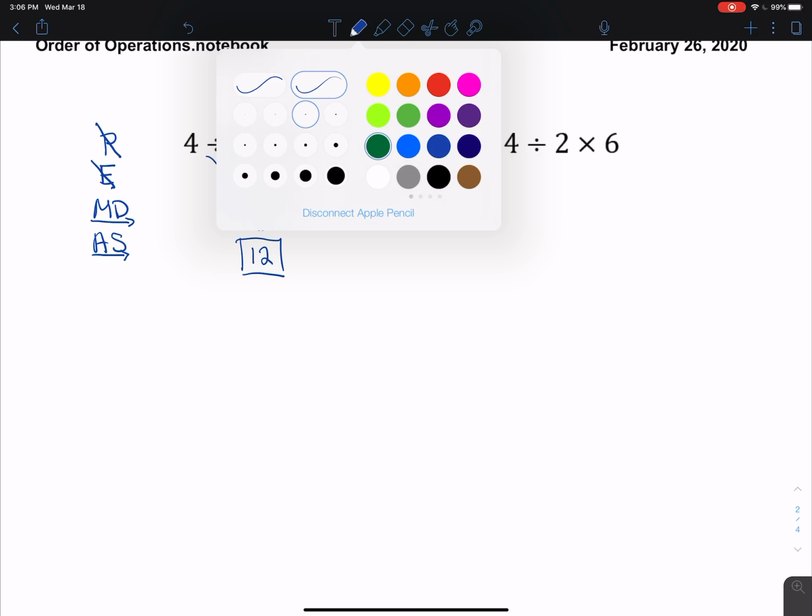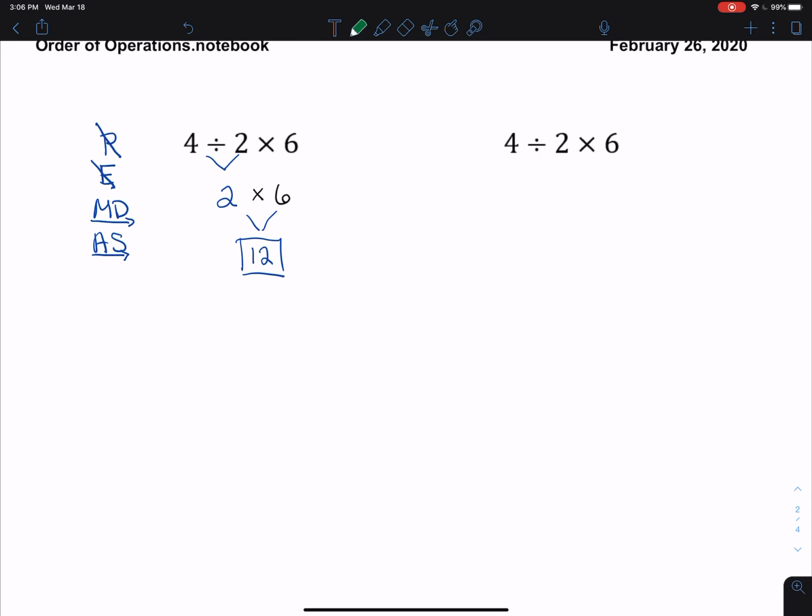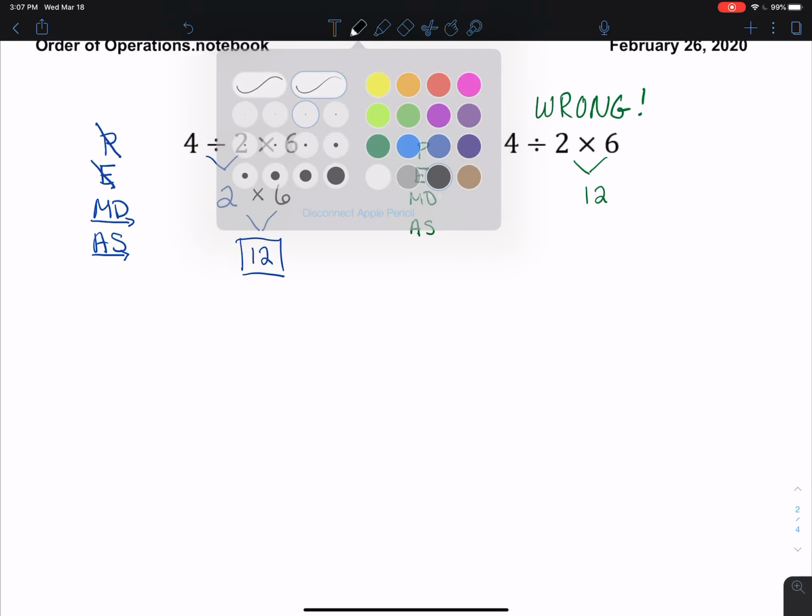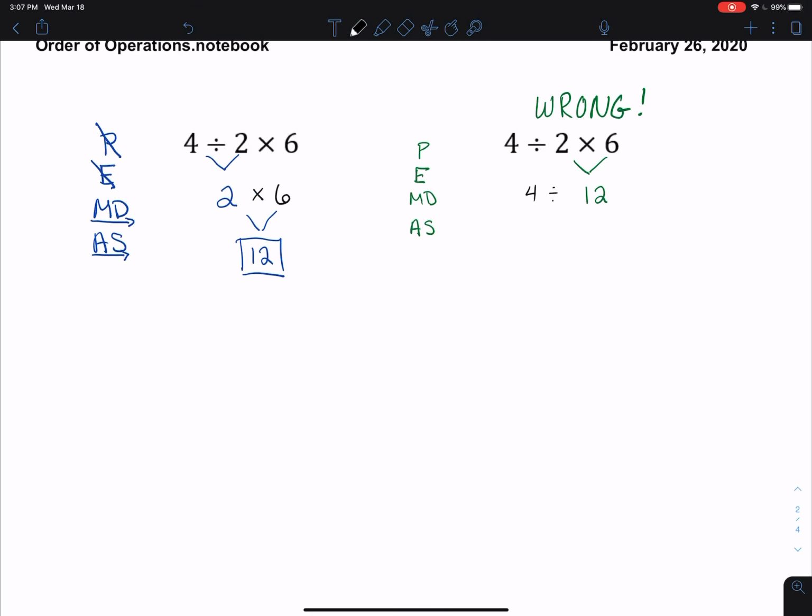Now you may have noticed on the right-hand side of the screen we have the same exact problem. So I'm going to do this problem incorrectly so that you can see why the order of operations is important. If I dealt with this, please excuse my dear Aunt Sally, or PEMDAS, for my order of operations, and forgot and did my multiplication first, I'd be saying that I was doing my 2 times 6 first, which would give me 12, and I would bring down that 4 divided by.